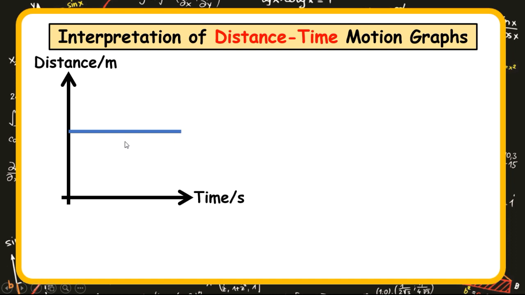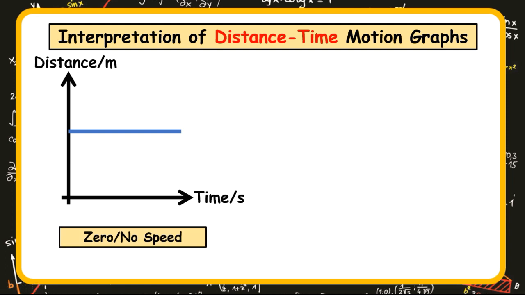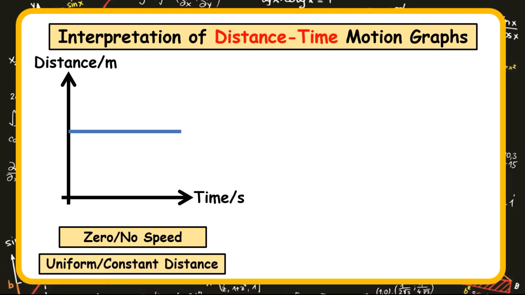This graph has a name, and the name is zero or no speed. It is called speed because it is a plot of distance against time. You can also call it uniform or constant distance, meaning in this case, the distance is uniform.